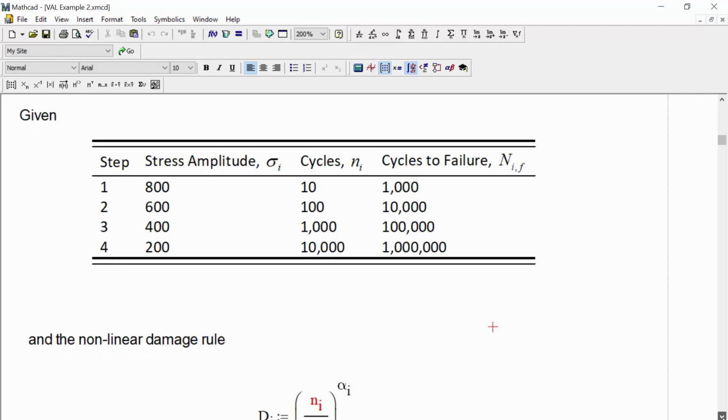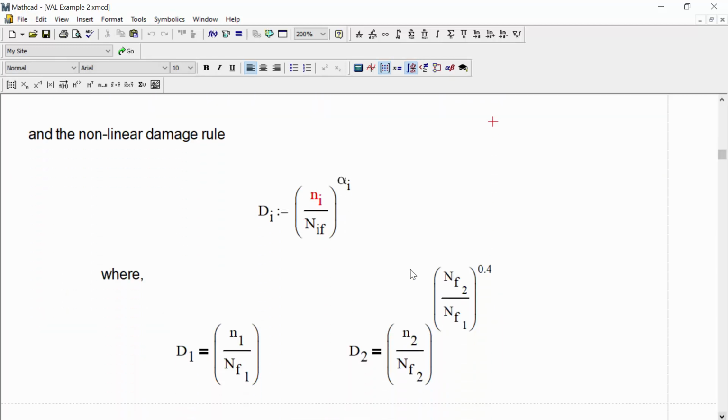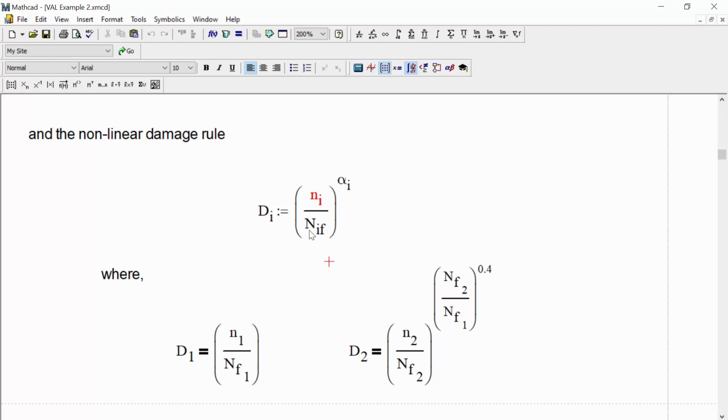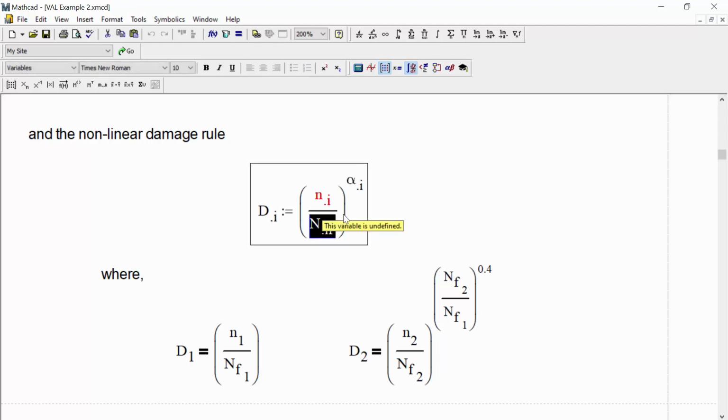We also are given the following nonlinear damage rule, where di is equal to the cycles in i divided by cycles to failure in i, to the power alpha i.